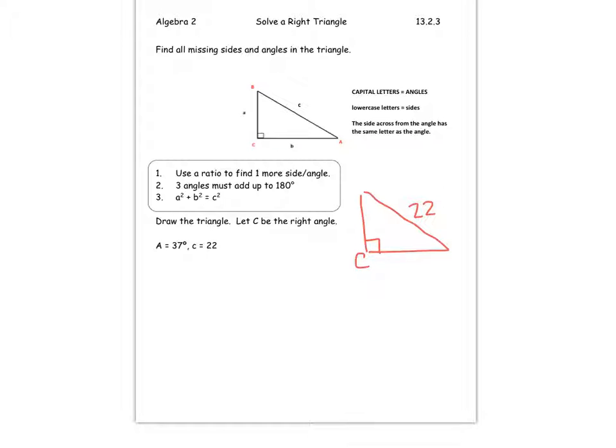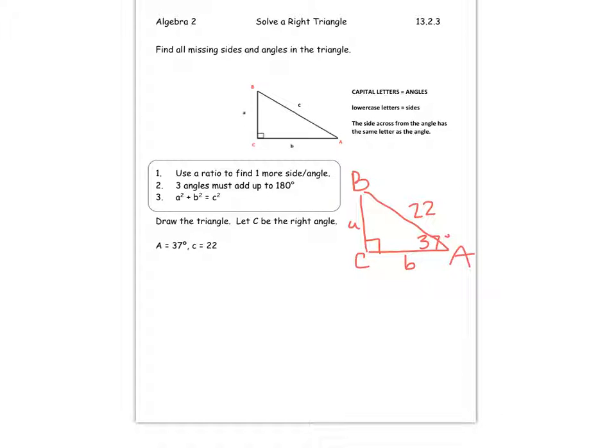You're going to be able to place A or B wherever you would like. If you want to follow the picture above, we would place A here, which means little a will go here. We'll put B at the top, which means little b goes at the bottom. And we knew that 37 degrees was A, so let's see if I can sneak a 37 in there.